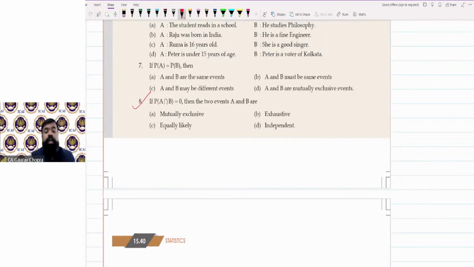If A intersection B is equal to 0, then the two events A and B are... That means if A intersection B is 0, there is nothing common between them. So we will write that the events are mutually exclusive, because mutually exclusive means there is nothing common between them. Exhaustive and equally likely we cannot find, but we know that it becomes mutually exclusive.